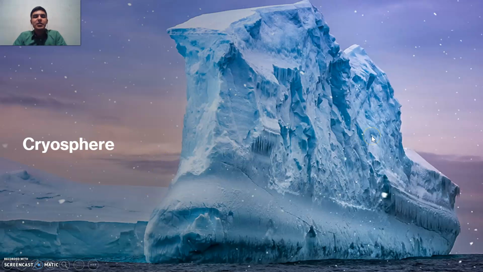Mainly the cryosphere is found in the north and south poles of our planet because those regions have the lowest temperatures on all of our planet. And the cryosphere is very important for several species.